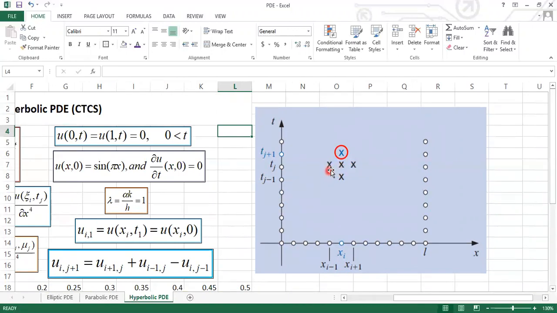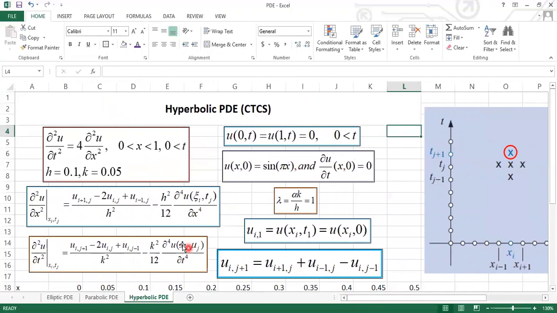So i minus 1, i and i plus 1 indices would be used. However, j index will remain fixed. If you look at the definition, it will be u(i+1,j) minus 2u(i,j) plus u(i-1,j) over h squared. So this is the definition of the second derivative in u with respect to x, and we will use this approximation to define the derivative at the particular node ij.